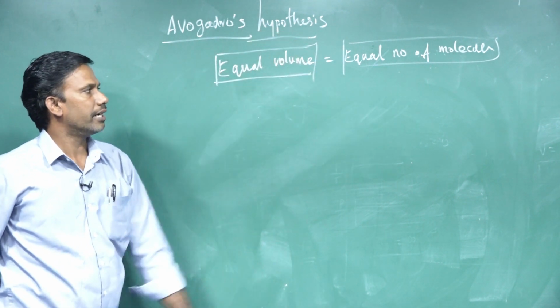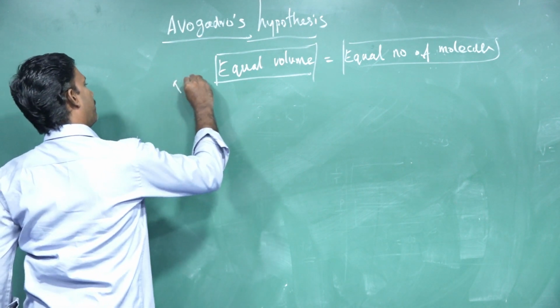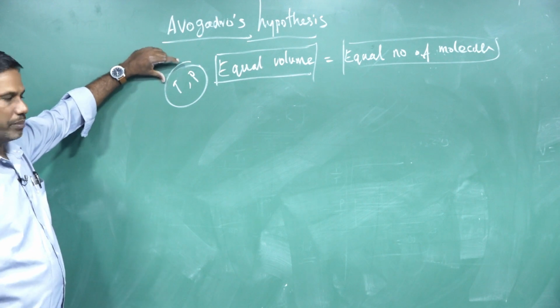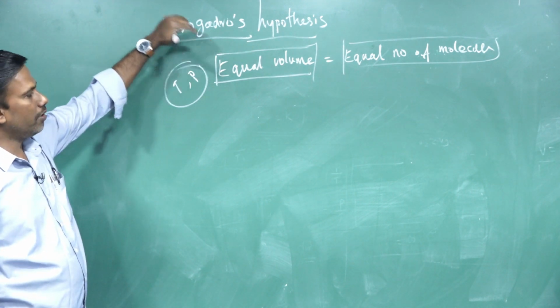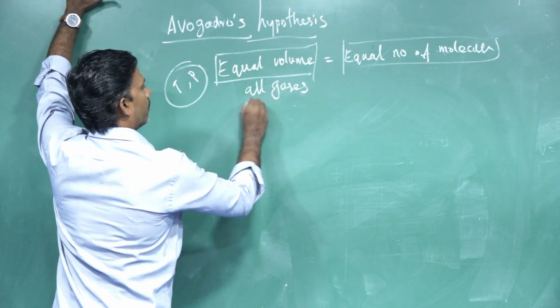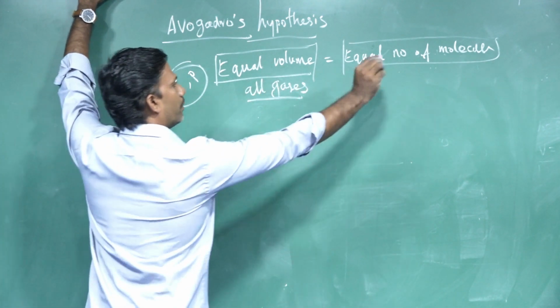Equal volume of all gases at a constant temperature and pressure. This is the condition. At a definite temperature and pressure, equal volume of all gases will have an equal number of molecules.